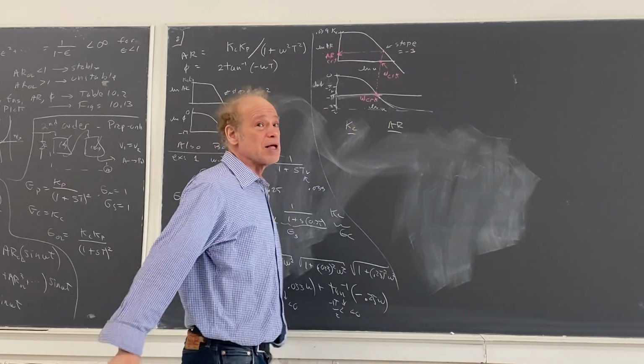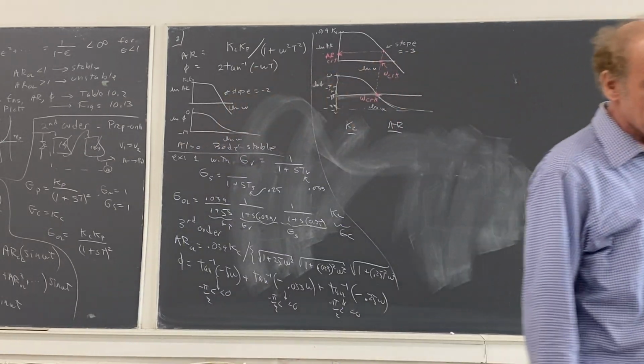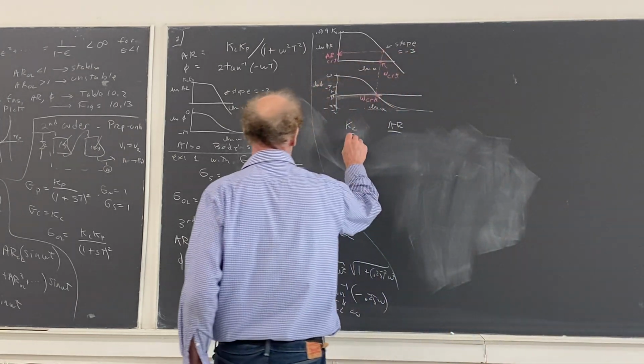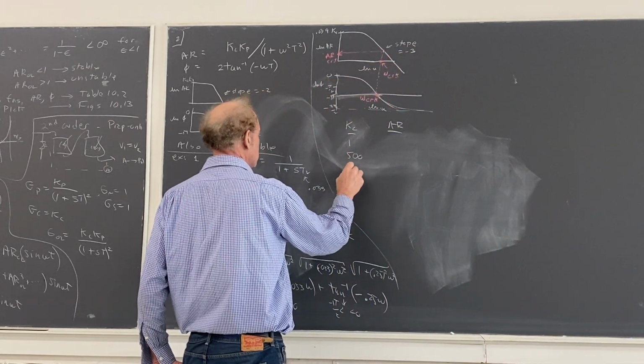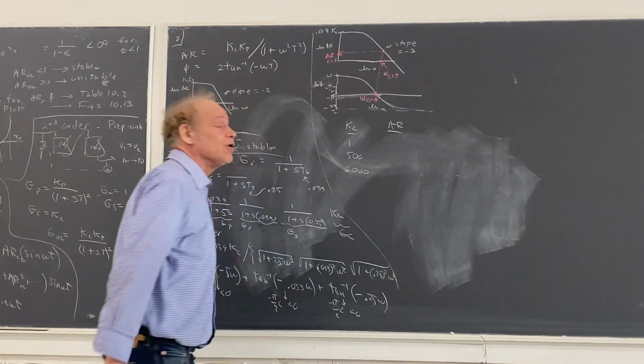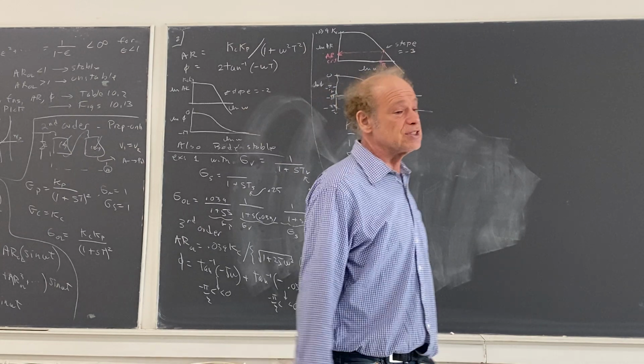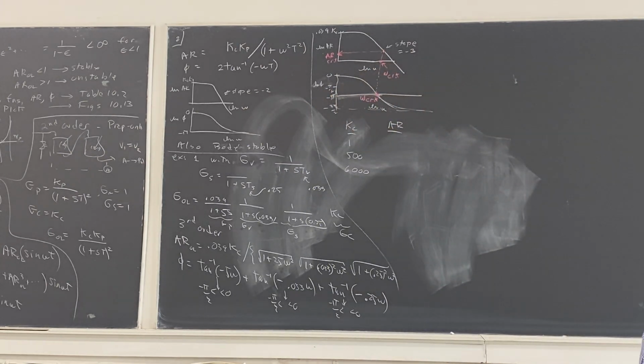Obviously, I'm not doing this calculation, I'm just taking it out of the textbook. If we take three values, 1, 500, and 6,000, for Kc, for the feedback control, in the first case, the amplitude ratio is 0.0002.